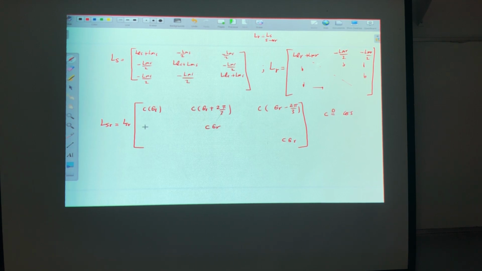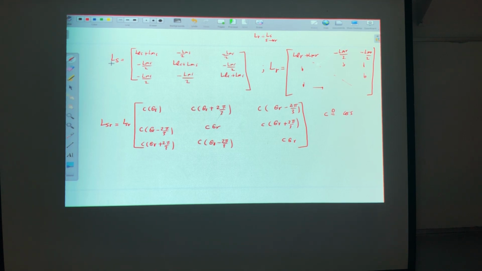Here cosine theta r minus 2 pi over 3, here cosine theta r plus 2 pi over 3, and here cosine theta r minus 2 pi over 3, and here plus 2 pi over 3.